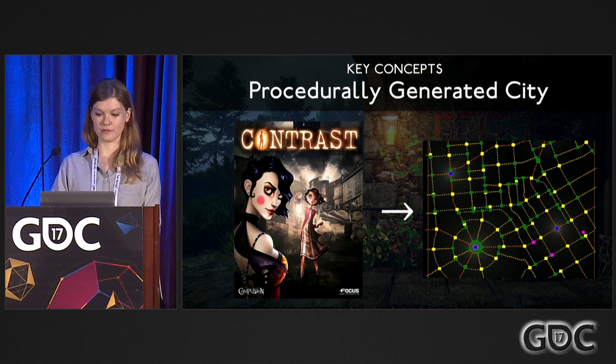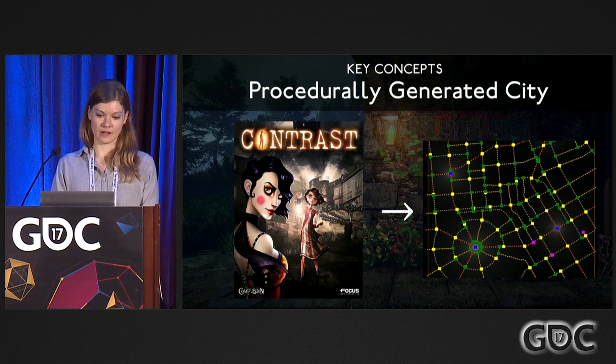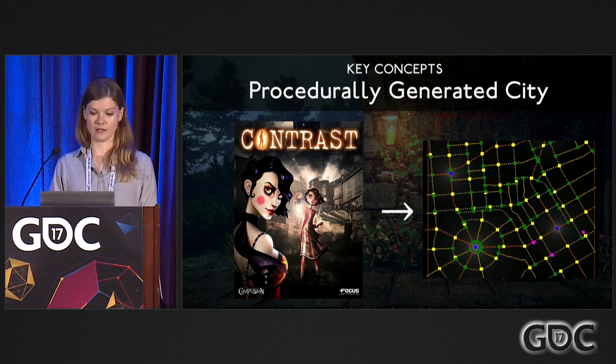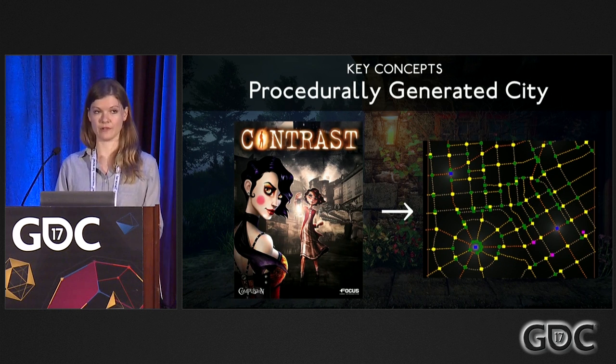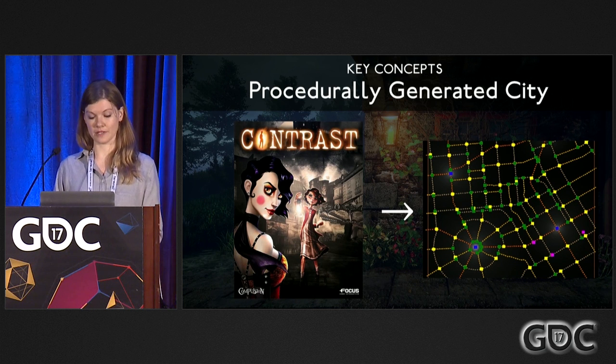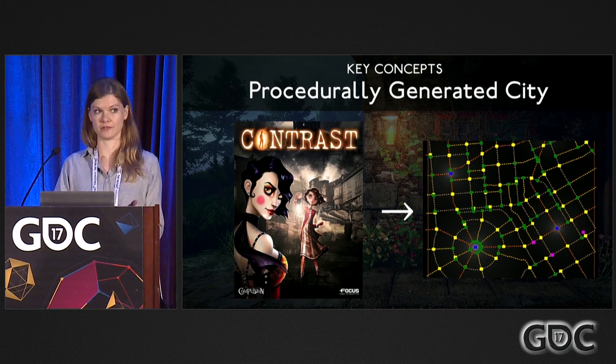And after about 2.5 years of production, we had a game that was about 4 hours long, and players were just blowing through it. So we knew we wanted to make a larger, richer environment with more that would encourage exploration, but we had the same size indie team. We also had some very strong tech minds on the team, so we thought that if we could pull off procedural generation, it would be worth the risk.